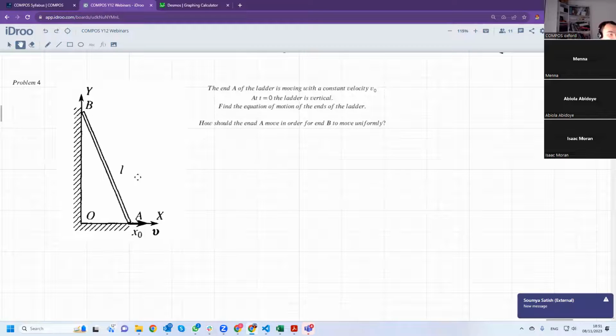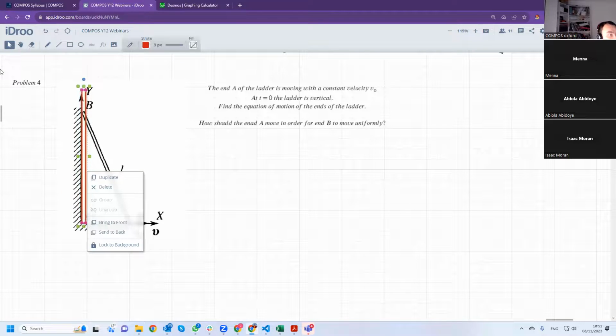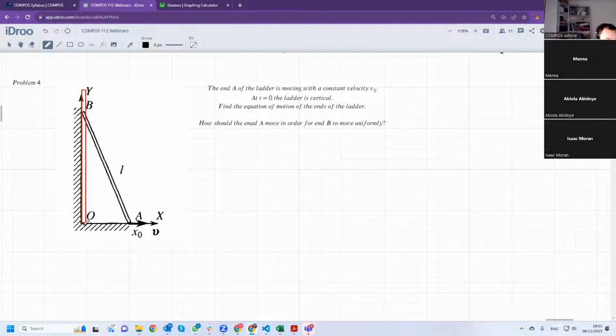So we have a ladder, and we start the ladder in an upright position, and the ladder moves such that the bottom point, the point A, moves at a constant velocity.